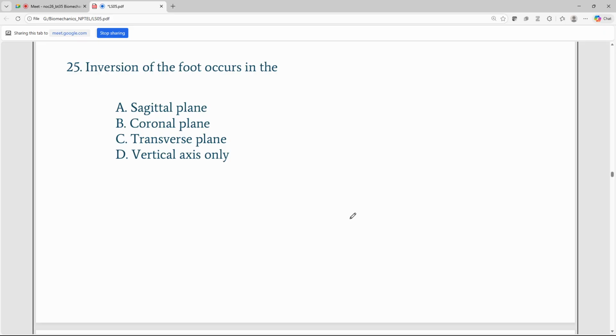Next question. Inversion of the foot occurs in which of the following planes? Options are sagittal plane, coronal plane, transverse plane, vertical axis only. Other than dorsiflexion and plantar flexion, the other two movements are inversion and eversion. So, in which plane or axis does the inversion of the foot occur?